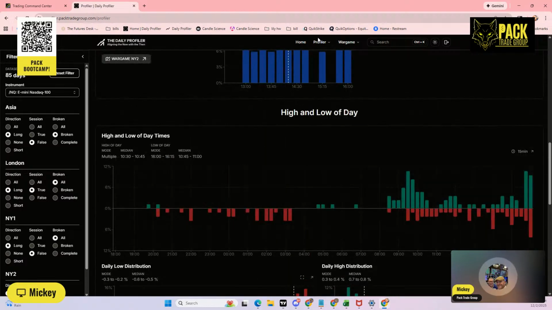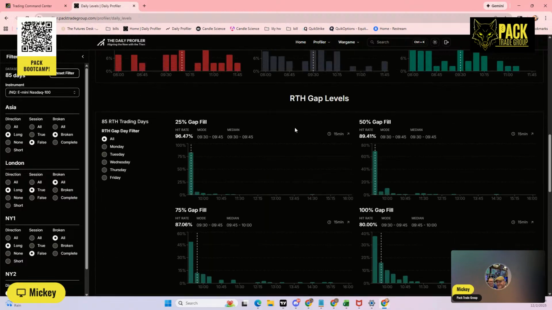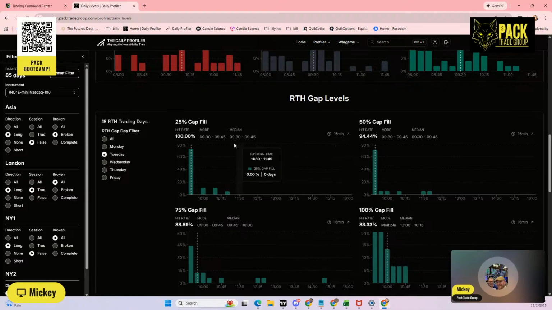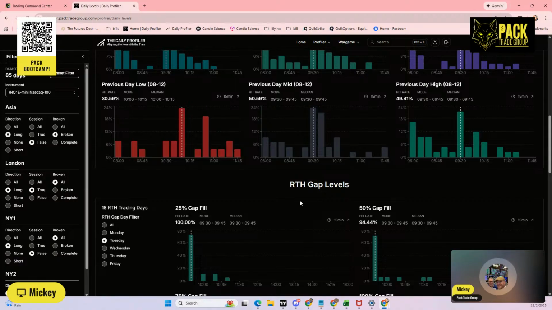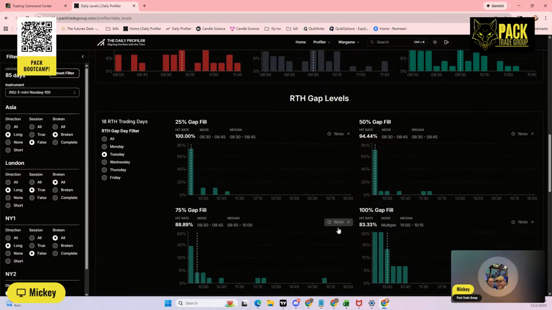Let's go see the probabilities of RTH, which is below us. We can see that they're very, very high hit rates for a Tuesday under the long false variable. So if we go false and we take out that 7:30, 8:30 low, settlement is a great target.